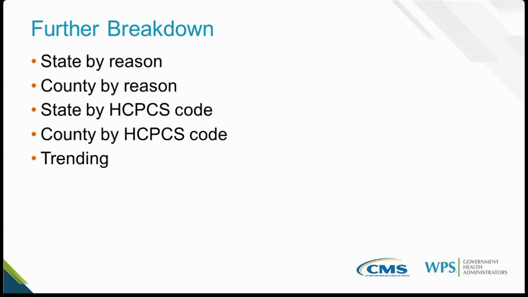So state by reason, county by reason, state by code, county by code. And remember that these reports actually provide even more data than what I'm showing today. You know, the number of PTANs, what's the beneficiary count, how many different docs bill this, and what is the dollar amount lost due to these denials. So it's just incredible how quickly you can view all of this information in the dashboard.